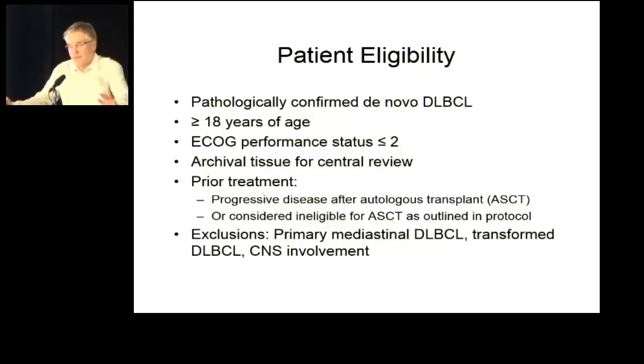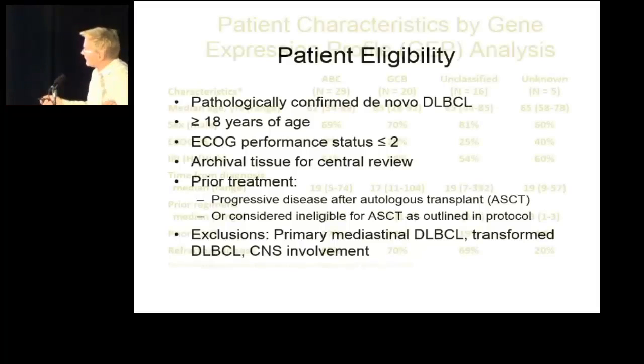And then we went ahead and analyzed them using gene expression profiling by whether or not they're ABC, germinal center, et cetera, and asked the scientific question about whether or not any activity we might see was seen in one group or the other. We also did Sanger sequencing to look at the various mutant forms.